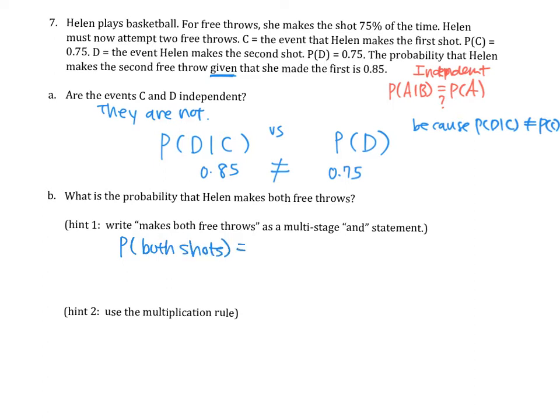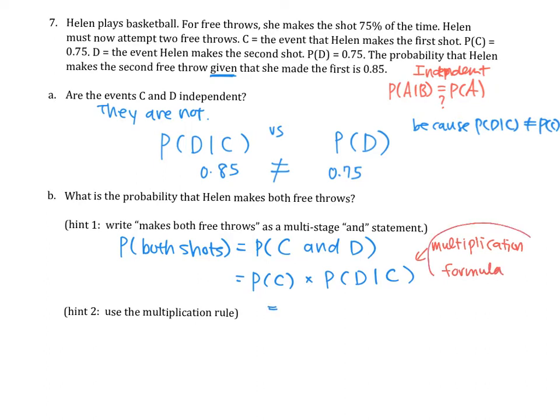I'm going to rewrite that as the probability that she makes the first shot and she makes the second shot, because C represents the first shot, D represents the second shot. According to our formula we just talked about, probability of C times probability of D given the first event, right? So probability of the first event times probability of the second event given the first event.